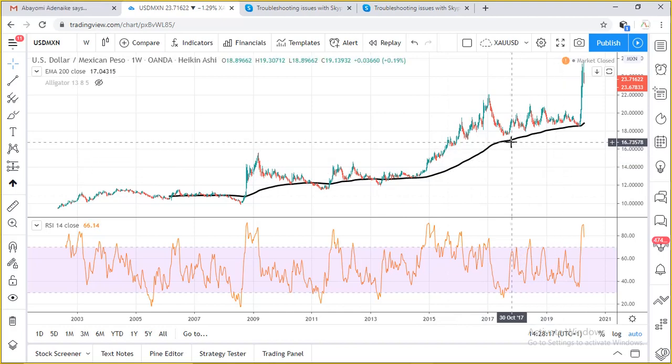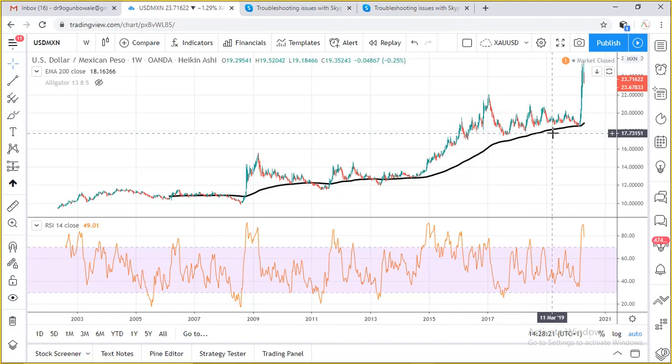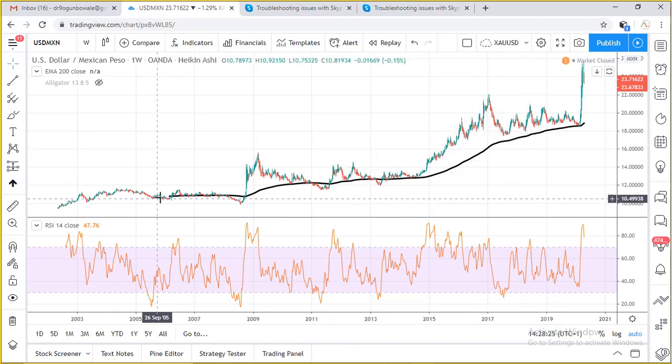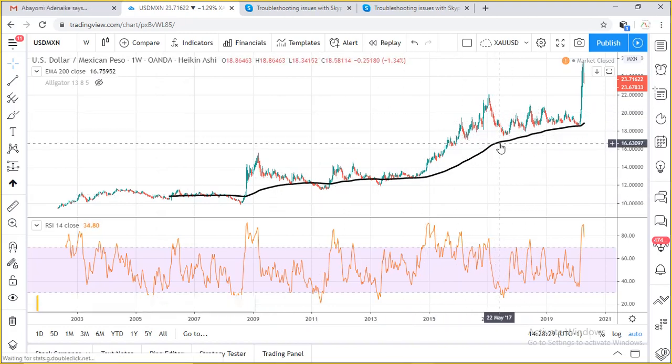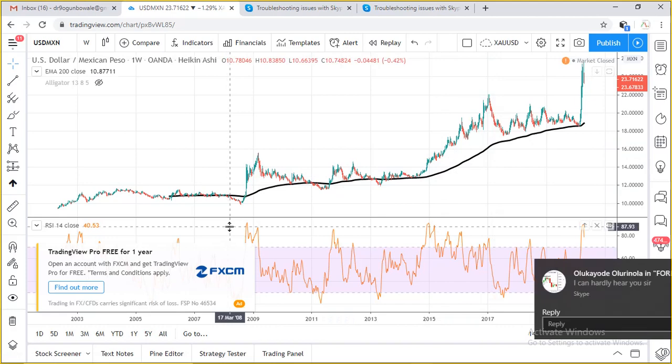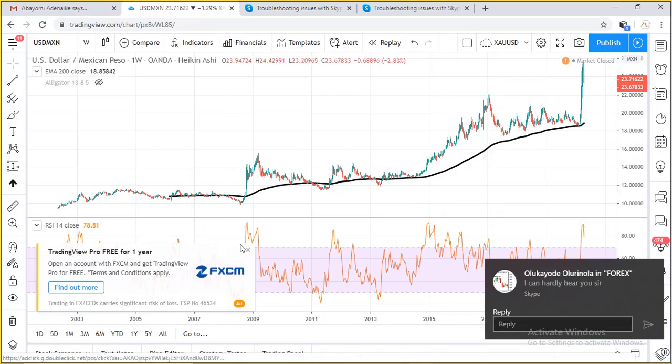And I told us the importance of this particular black line. This line is an indicator. We call it EMA 200. It's an indicator that tells us what price is doing.